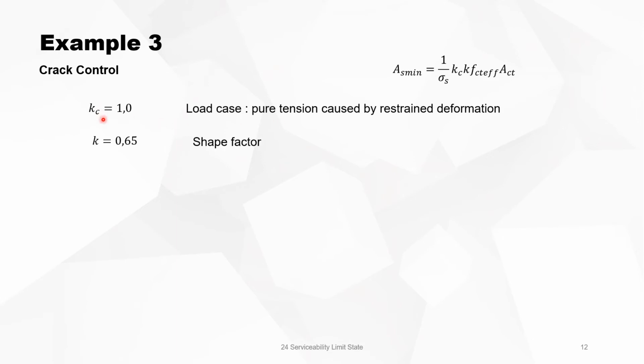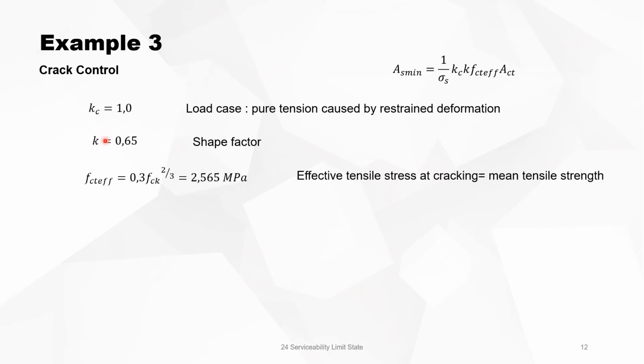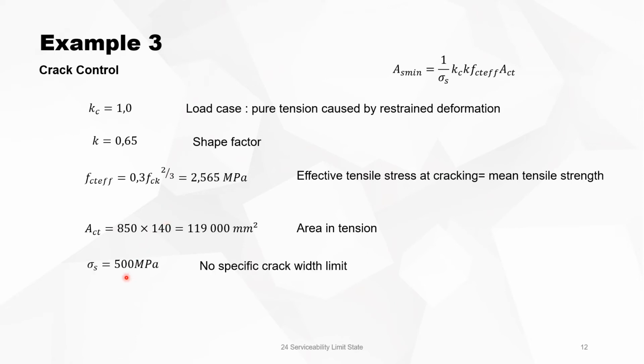So Kc is 1, the shape factor is 0.65. fct,eff equals fctm, it's for C25, so it's 2.56 megapascal. The area in tension is now the total area, because it's pure tension. So it's not half the area, it's the total area. And there is no specific crack width stated, so sigma s is 500.